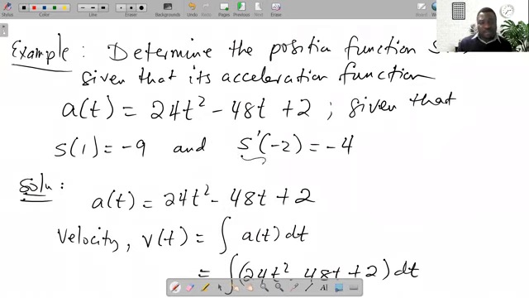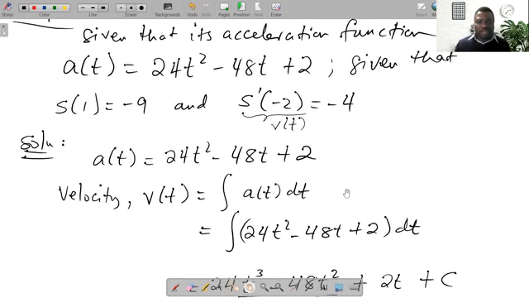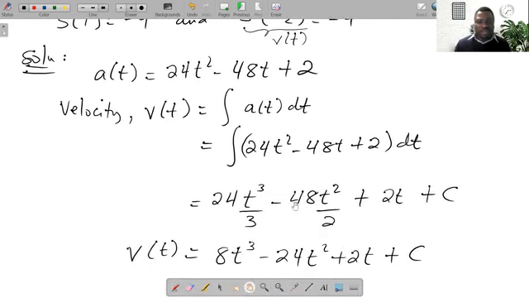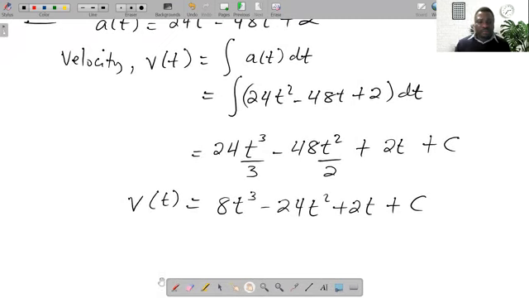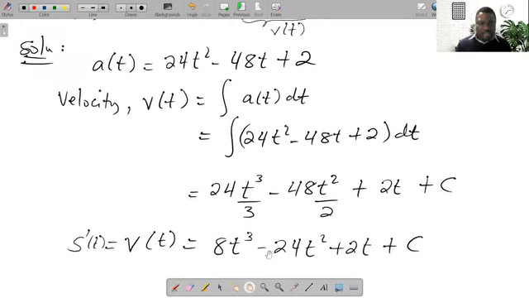This one here is still v of t, because when you take the derivative of the position function, it will give you velocity. Okay, so it's not a mistake, but the way I'm doing the solution, you have to understand that this is still going to be equal to s prime of t.